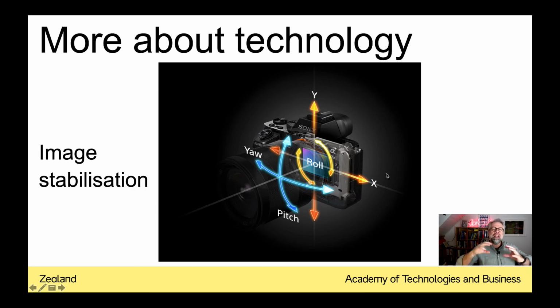mounted in a kind of gimbal that levels out all the shaking from our hands, and thus we can have much longer shutter speeds and still have sharp images than we could before.